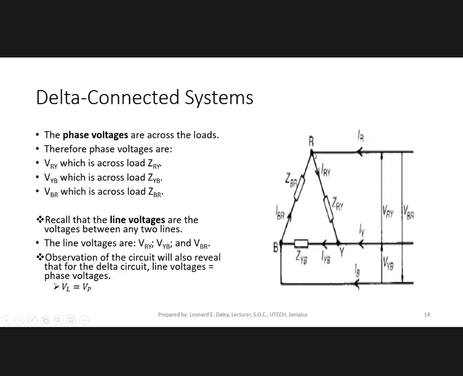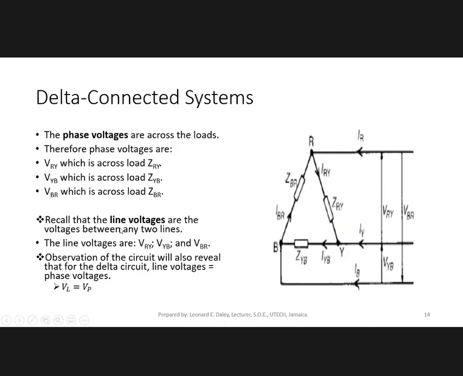Put one terminal of the voltmeter here and another terminal here, and you'll be measuring the voltage across here, VRY. If I move the pointer out to here, and from here to here, I'll be measuring the same thing. So VRY is across ZRY, VYB is across ZYB, and VBR is across ZBR. Those are the phase voltages.